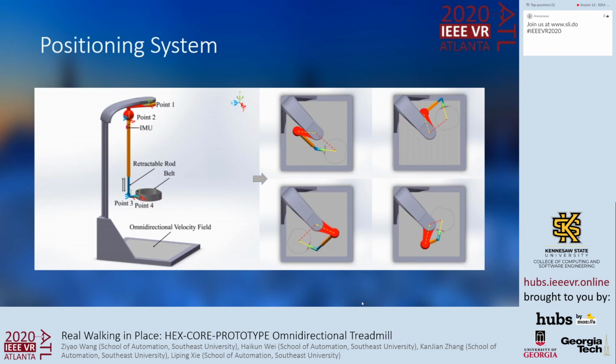As the red part shows, no matter where the user is standing and which direction facing, the line from the center of the user's body to point 1, that is a red dashed line, is always parallel to the retractable rod. Therefore, the position of the user can be calculated by measuring the spatial attitude of the retractable rod using the IMU.